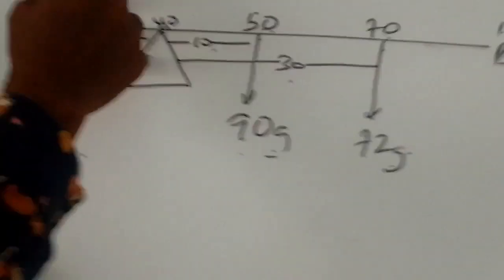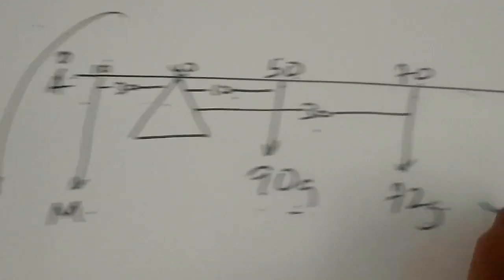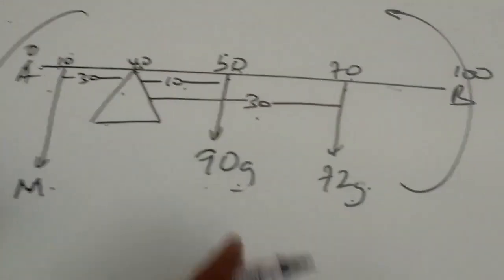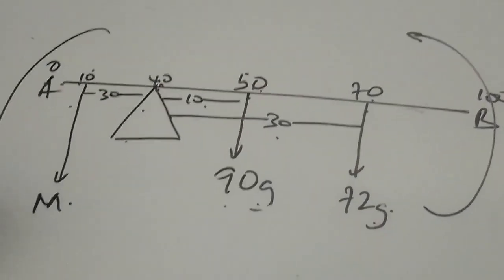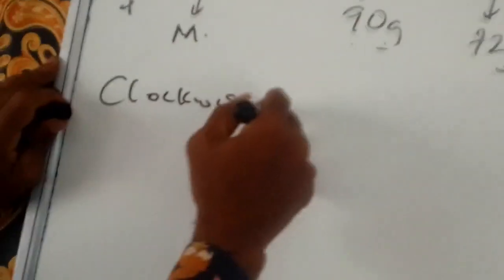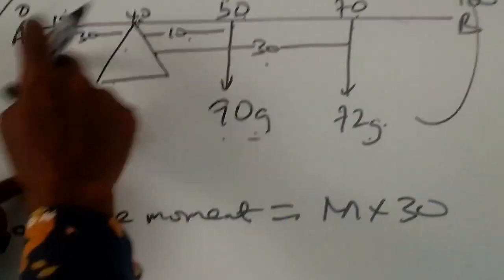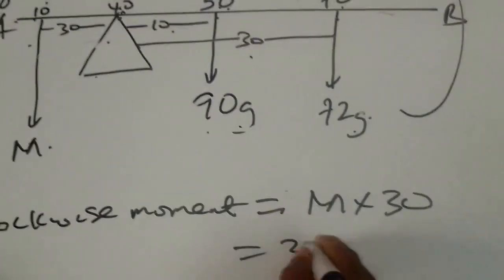Let's rotate the rule in this direction. The force is before the pivot here, so it is clockwise, and there's only one force here, the mass. The other masses, on the opposite side of the pivot, go anti-clockwise. So the clockwise moment is the force acting down here, which is the mass, times 30, the distance to the pivot, which is 30 m.